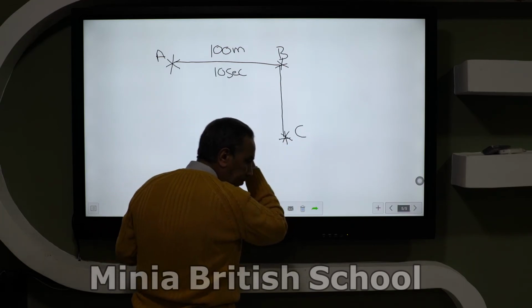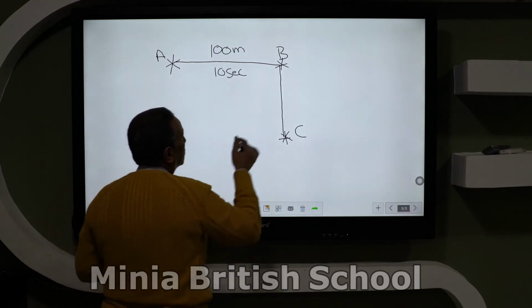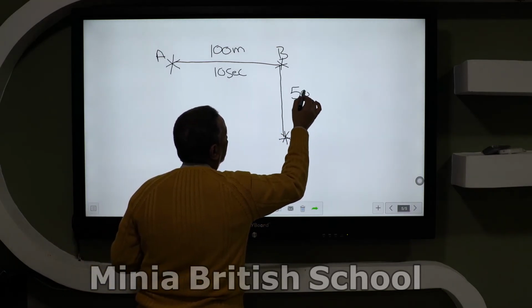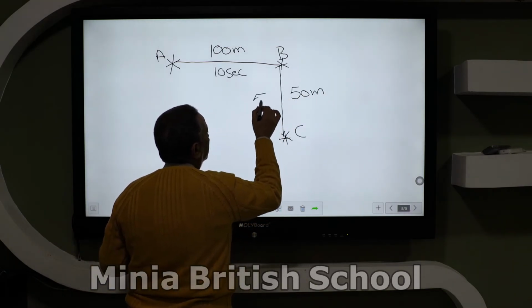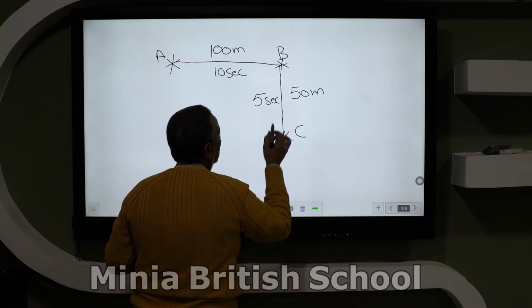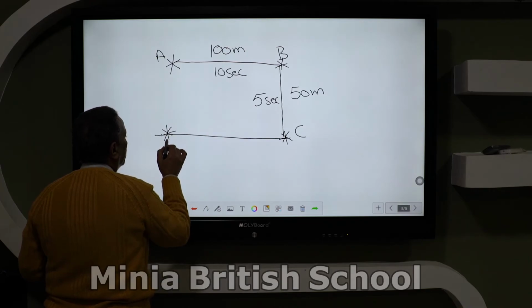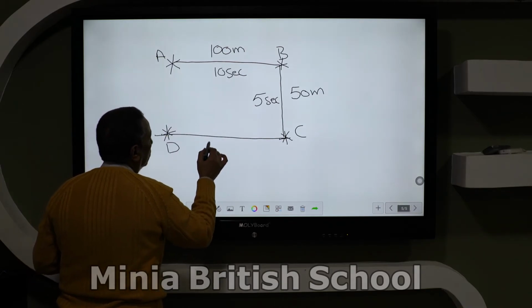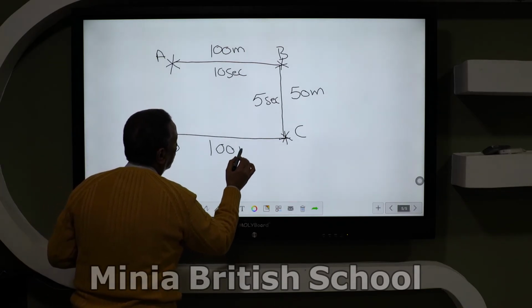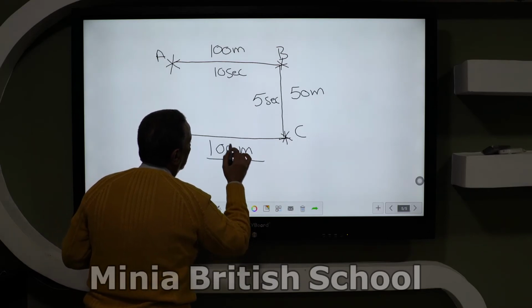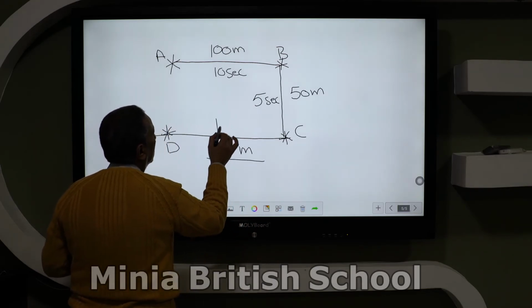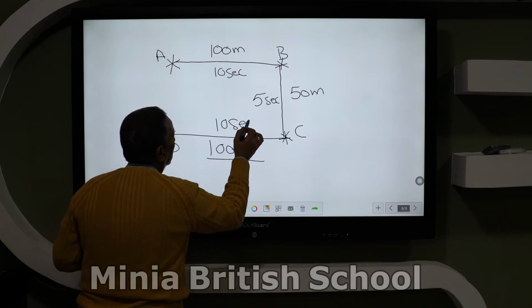Then it moved from B to C, and this body covered 50 meters in 5 seconds, and then moved from C to D, covering also 100 meters in also 10 seconds.